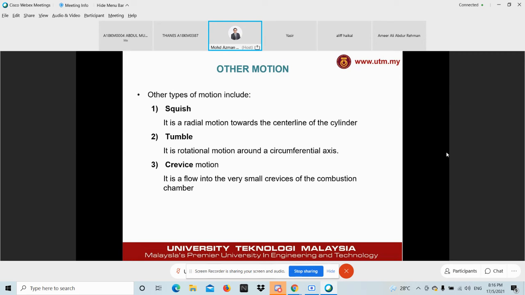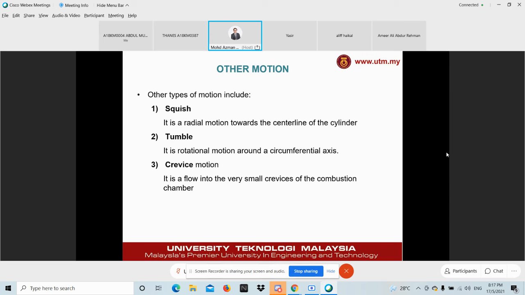Whereas there are other types of motion besides swirl. Of course, you have the squish. It is a radial motion towards the center line of the cylinder. Just imagine you try to squeeze all the air towards the center of the piston. That is what they call squish. Tumble is a rotational motion around a circumferential axis. So it is the opposite of swirl, because in swirl you have the tangential direction, whereas in tumble it is based on the circumferential axis.